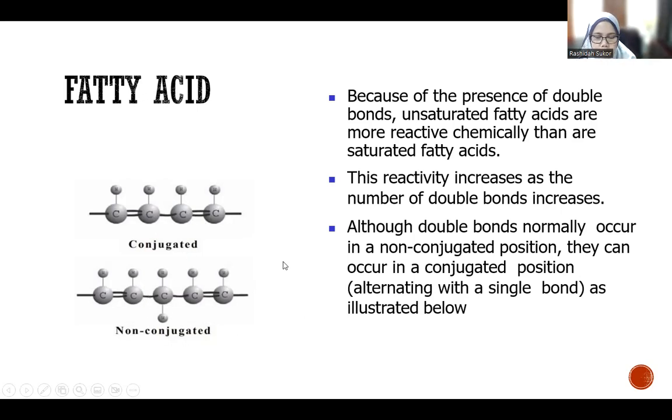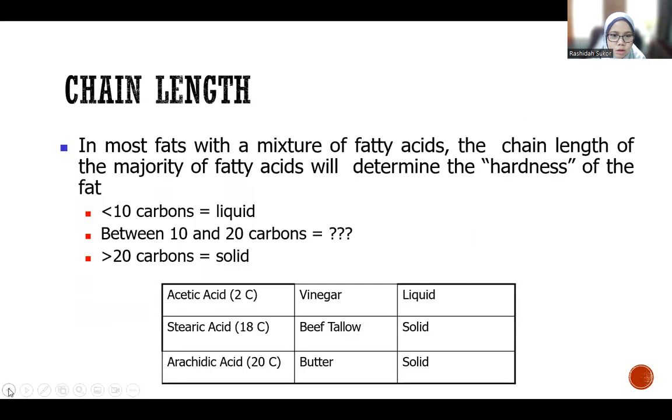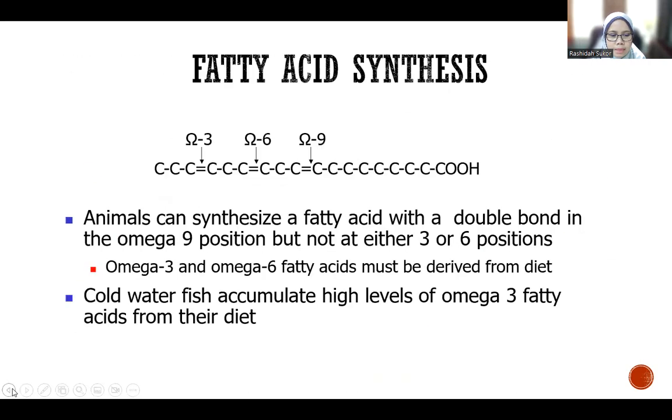Because for most fatty acids that we find, the double bond locations are normally, as we saw earlier, 3, 6, 9, 12, 15. So after 3, 4, then 5. Normally it will be less than that, not conjugated like this. Here it has 3, 6 and 9.